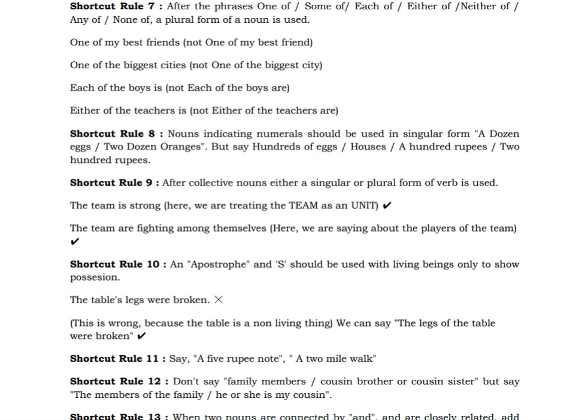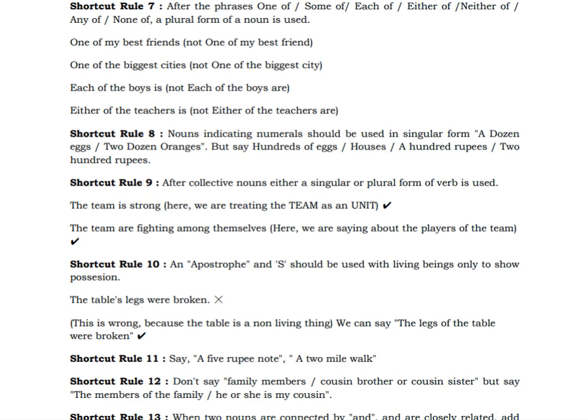Well, we'll go to rule number 8. Nouns indicating numerals should be used in singular form. A dozen eggs. A dozen means 1 dozen. 2 dozen oranges. Now here you see dozen.